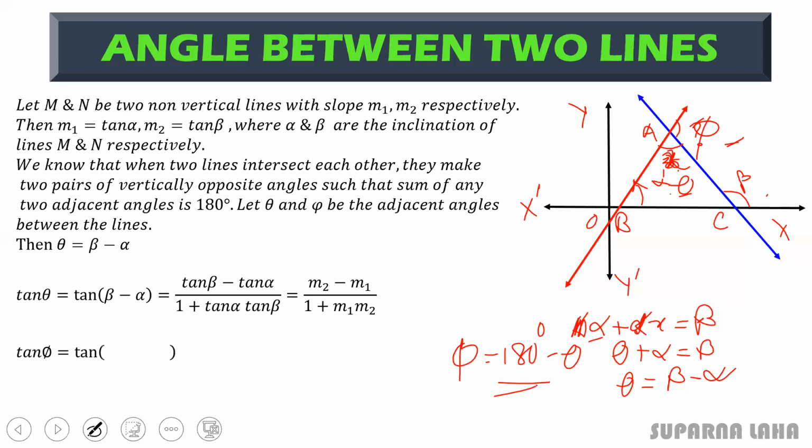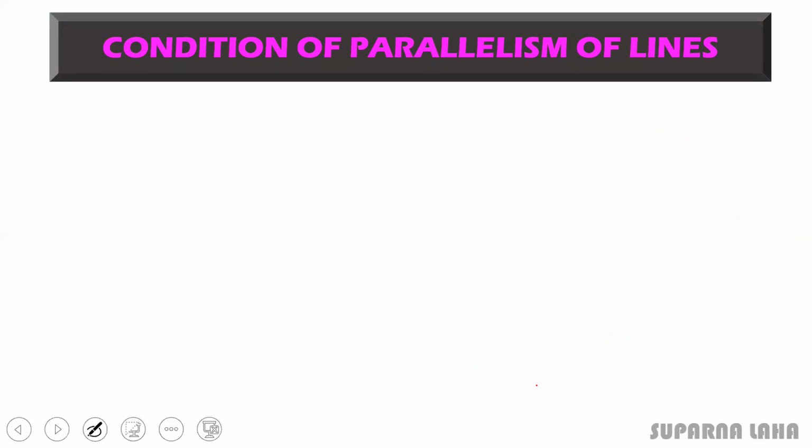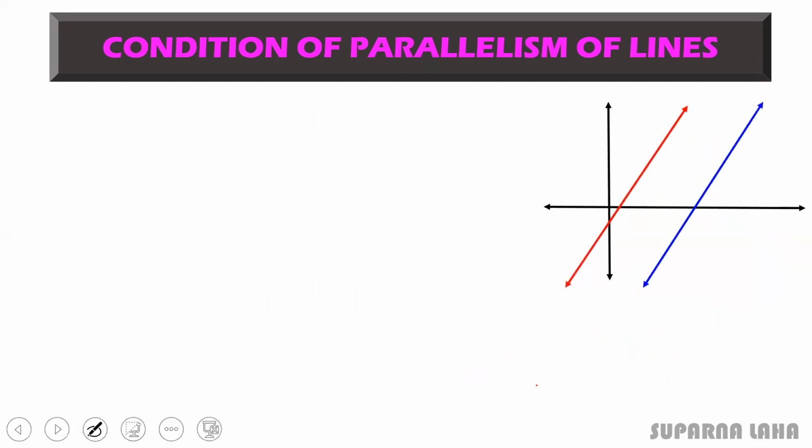Now we need to find the case if they are parallel, and the case if they are perpendicular. So the condition for parallel: if two lines are parallel, we need to find the condition that these two lines will satisfy. So tan theta is equal to 0, since they are parallel, so the angle between them is 0.